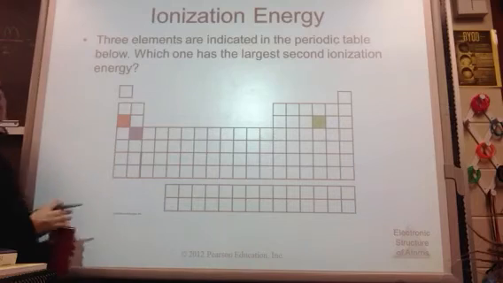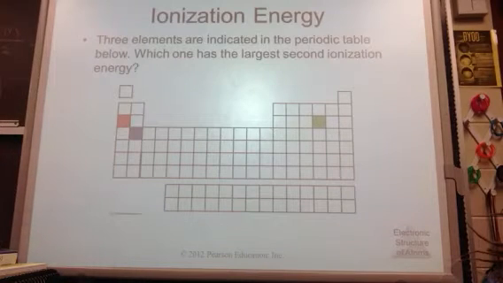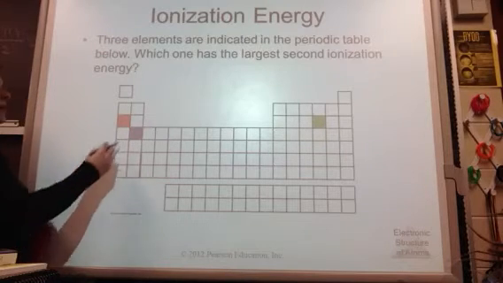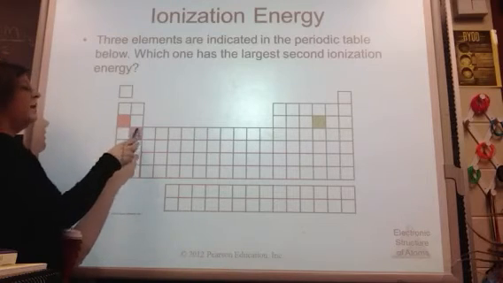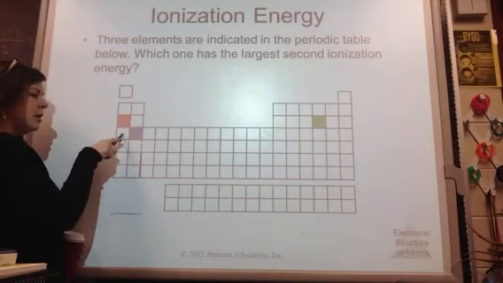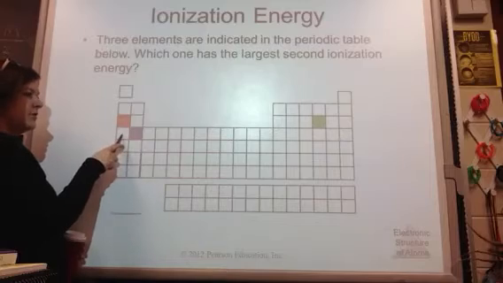This one, that purple or blue-ish box, would be representing what element? That would be representing calcium. So if it goes through its first ionization energy and removes one electron, that would put it right here as if it were its electron configuration.